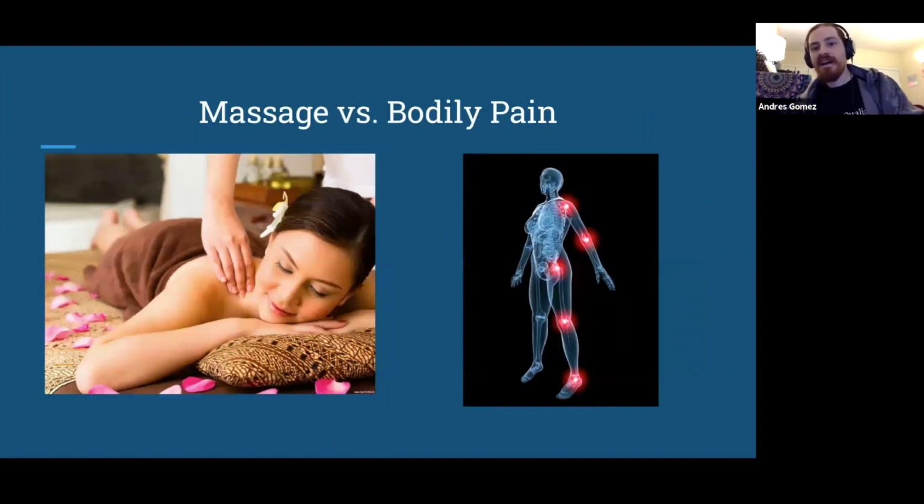Basically, introspect on the difference between massage and bodily pain. Massage is kind of like these very pleasant, harmonious tactile patterns throughout your body that give you these very nice waves of pleasure, as opposed to bodily pain.